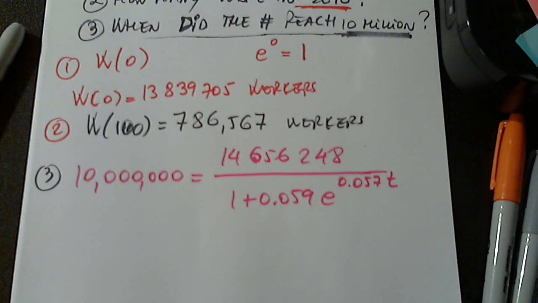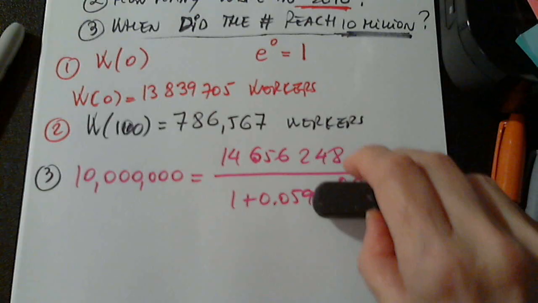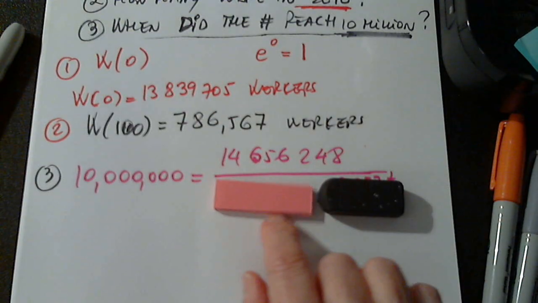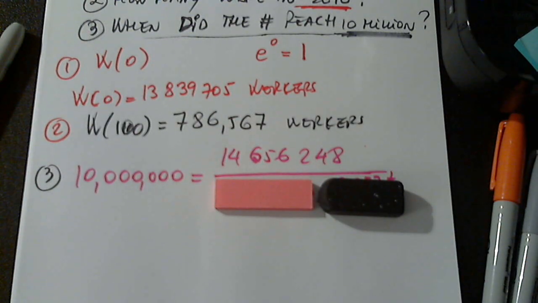Good. Now I have to look carefully and decide what type of equation this is, and I'm going to give you a little bit of help. This is just a denominator. It has some variable in there. What type of equation is this?